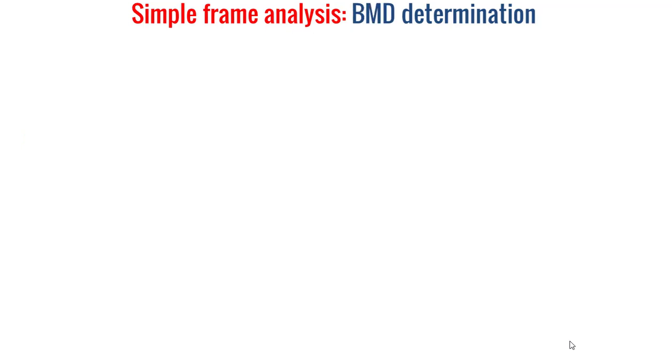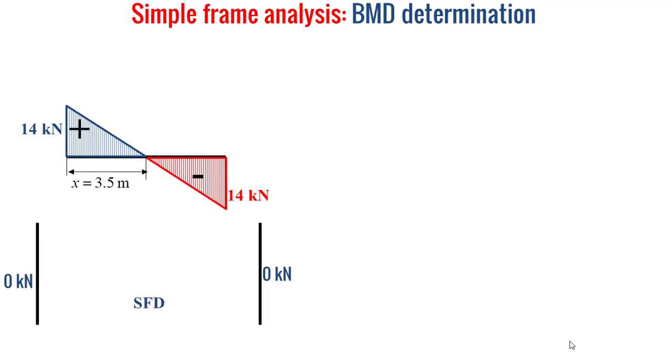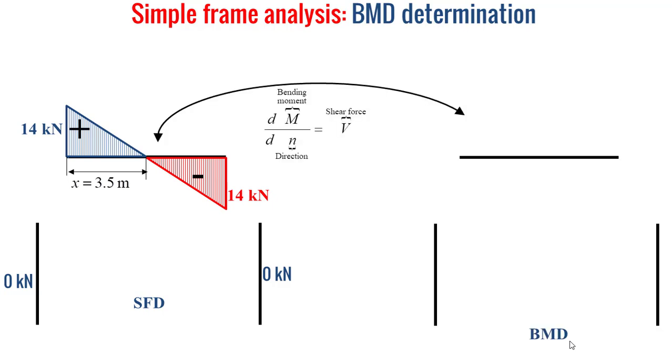Now for the bending moment diagram, it's obtained based on the shear force diagram, since the variation of the bending moment along the longitudinal direction of the element is equal to the shear force. You can notice that we have 0 kilonewton as shear force for the left-hand and the right-hand columns, so the bending moment will be constant or 0.